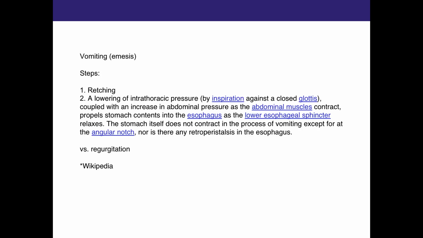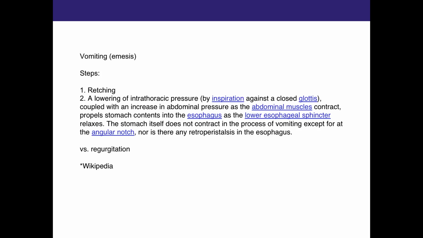So with vomiting, you guys, remember it's all about pressure changes. What usually happens is you start to retch, you breathe in against a closed epiglottis, a closed glottis, right? If you try to breathe in against a closed glottis, you can almost feel the lowering of the pressure in the upper esophagus, right?